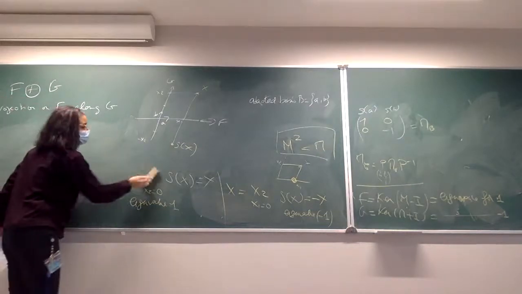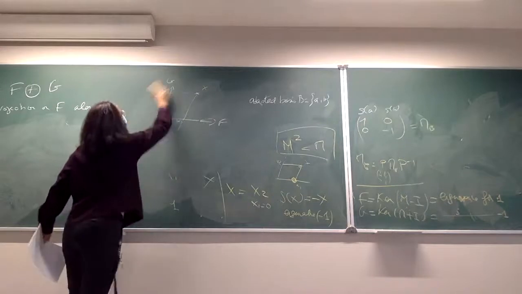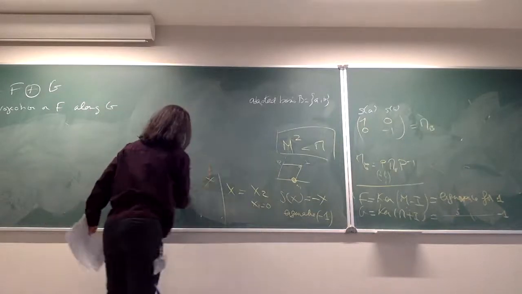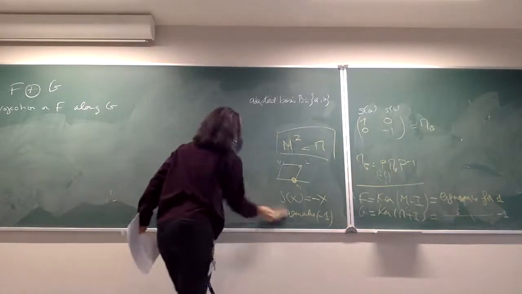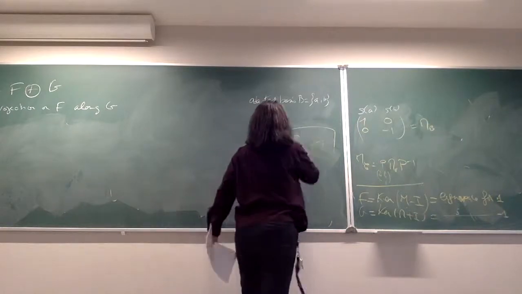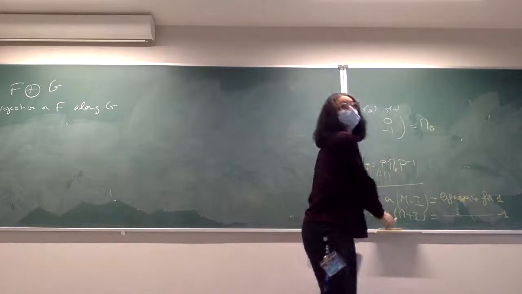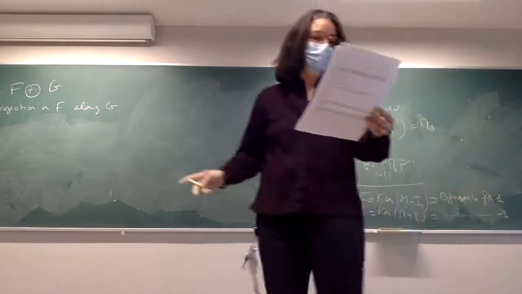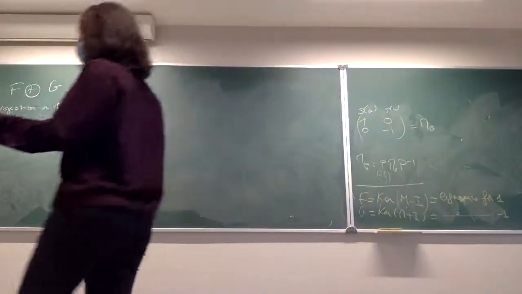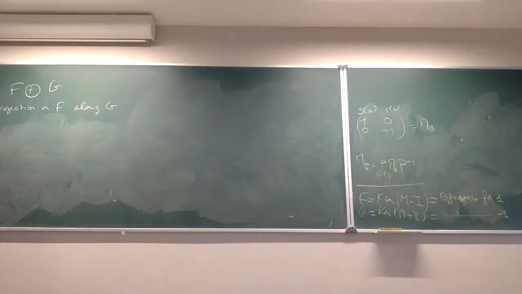So I'm still in exercise 2, but now I'm considering a space of real functions on R. So that's infinite dimensional. So that S is an endomorphism. So we've got some map that goes from F of R to something.